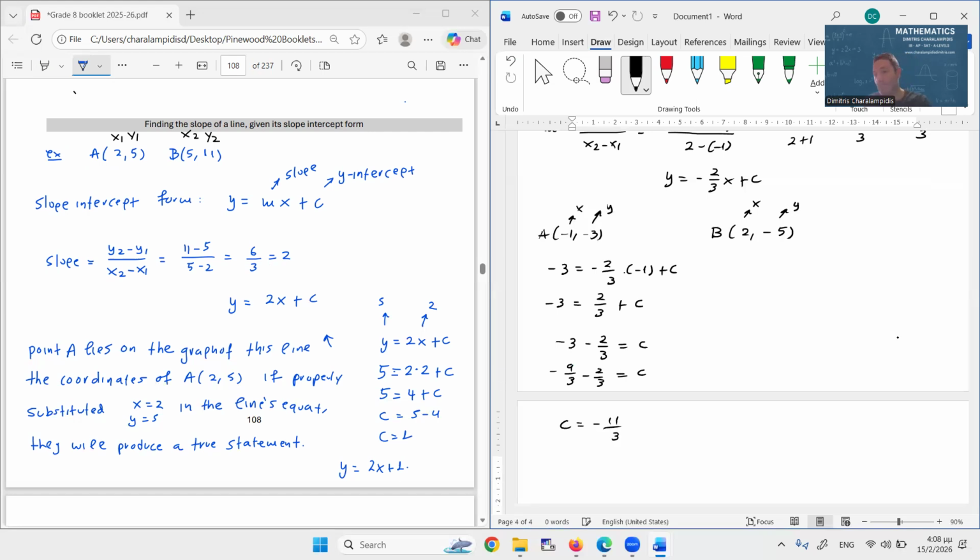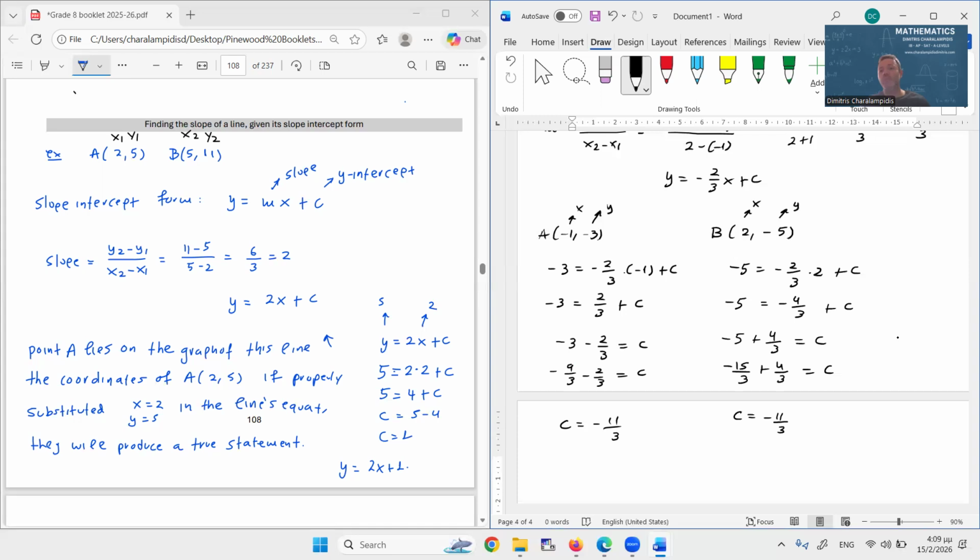Let's see if this time things went right and we managed to find the same value of C, because this is the only indicator that something might have been wrong. -5 is -2/3 times 2 plus C. -5 is -4/3 plus C. So -5 plus 4/3 equals C. -15/3 plus 4/3 is C. So finally C should be -11/3.